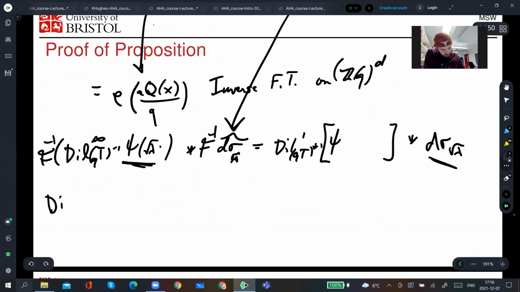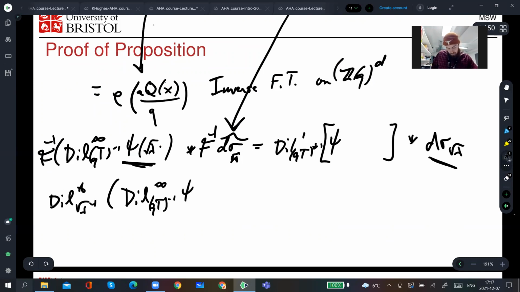So I actually had a dilation, a QT inverse, infinity, and the psi. So let me get myself enough room here. As soon as this calculation is completed, we'll take a break, but give me a moment. So I have actually a dilation by root lambda inverse, infinity, applied to the product. And then I'm going to take the inverse Fourier transform of this whole thing.